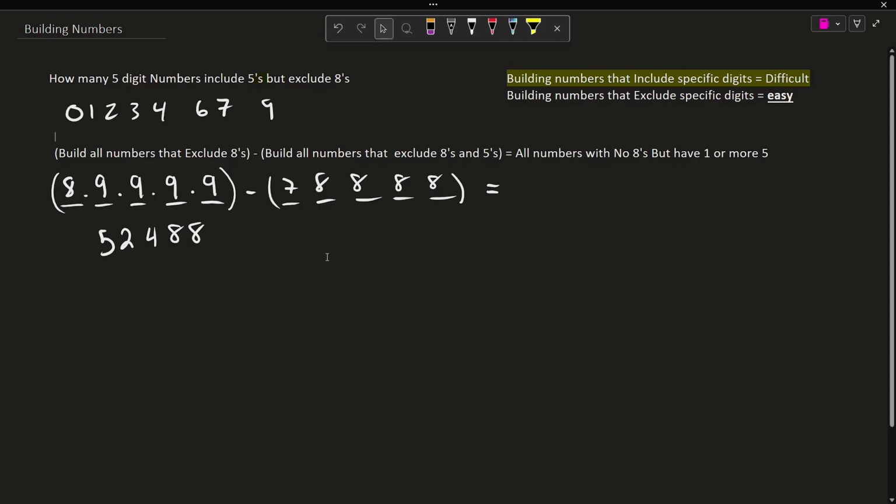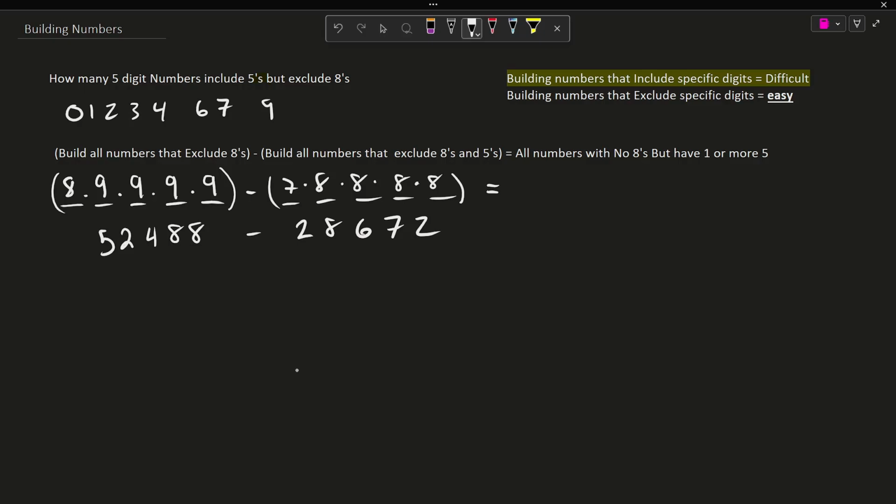So it's actually 7 times 8 times 8 times 8 times 8. It happens to be 28,672. Okay? And so I'm left with, finally, the actual number of possible ways of building that, or 52,000.